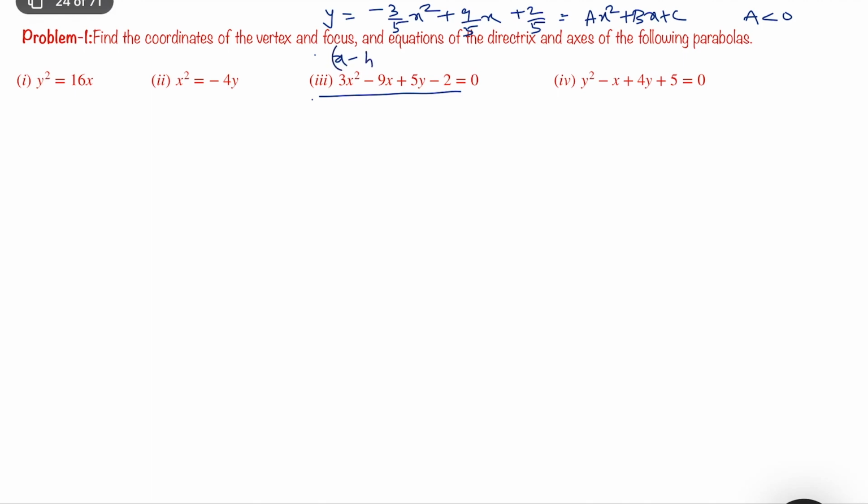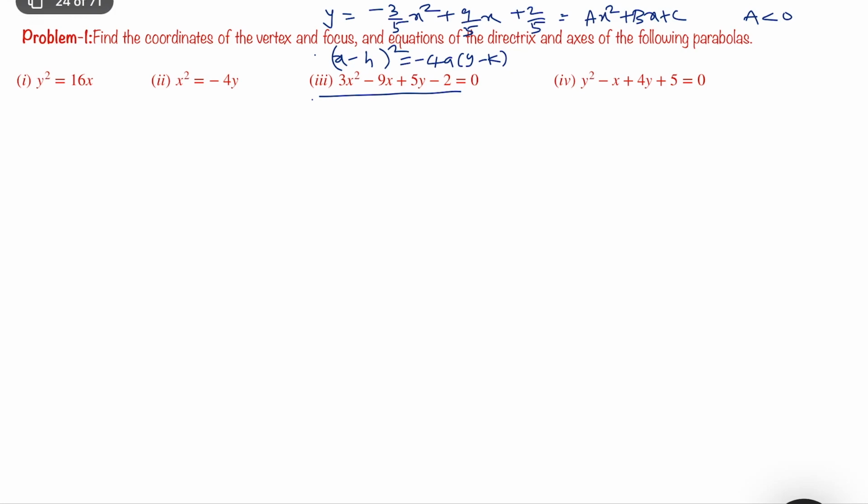x minus h whole square equal to minus 4a times y minus k. If we can write the equation in this form, then we can immediately answer all these questions: vertex, focus, directrix, axis, right? So we need to figure out this h, k, a.